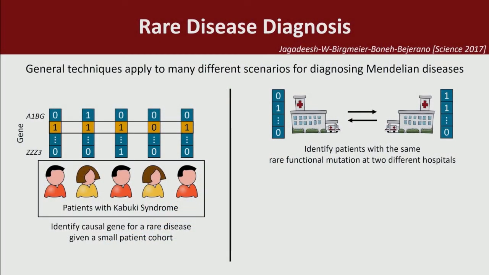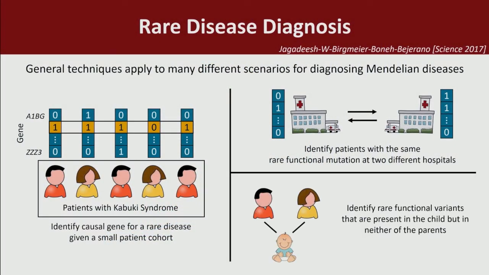For instance, we might have two hospitals who want to see if they have any patients with common rare mutations or rare variants. This might allow them to develop common treatment plans and so forth to facilitate the diagnosis and treatment of complex diseases. In other cases, we might have analyses where we want to find a mutation that appears in a child but not in any of the patients. Again, cryptographic techniques enable us to perform these kinds of useful scientific computations.